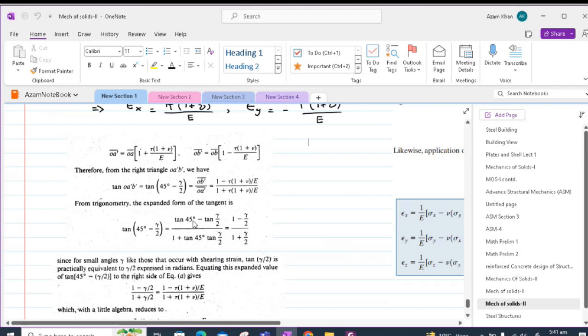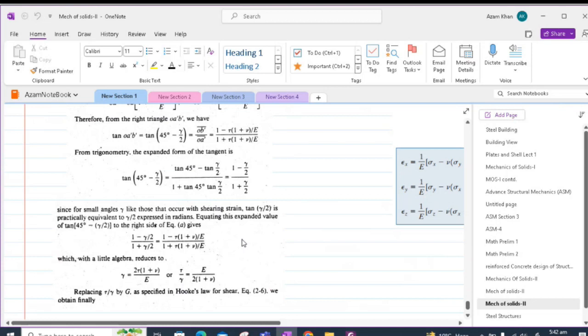Since tangent 45 is 1, and tangent gamma by 2 can be approximated as gamma by 2 since gamma is considered small, we can write (1 minus gamma by 2) divided by (1 plus gamma by 2) equal to the expression (1 minus tau (1 plus nu) by E) divided by (1 plus tau (1 plus nu) by E).